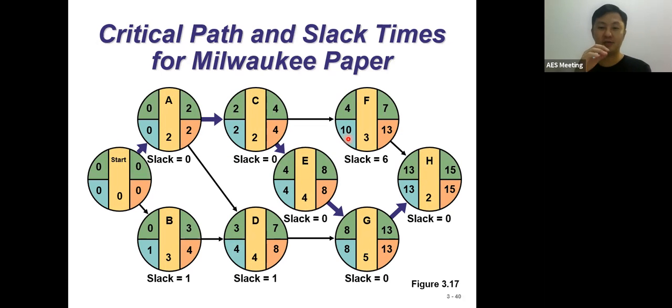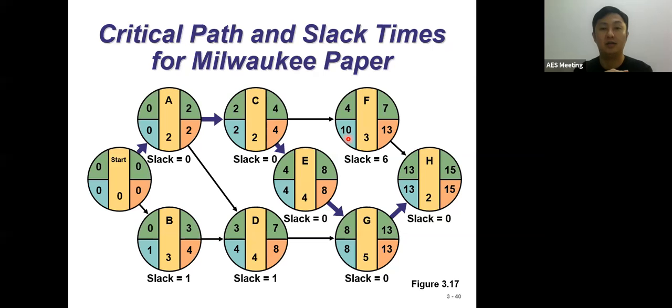If we calculate the slack times, the slack time for activity B is 1, for activity D is 1, and for activity F is 6. Activities with slack time not equal to 0 are non-critical. Activities with slack time equal to 0 are critical.